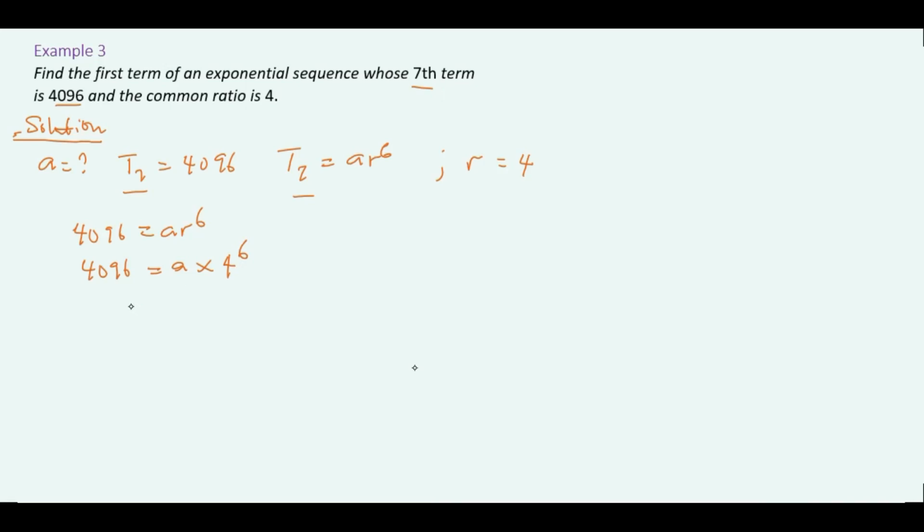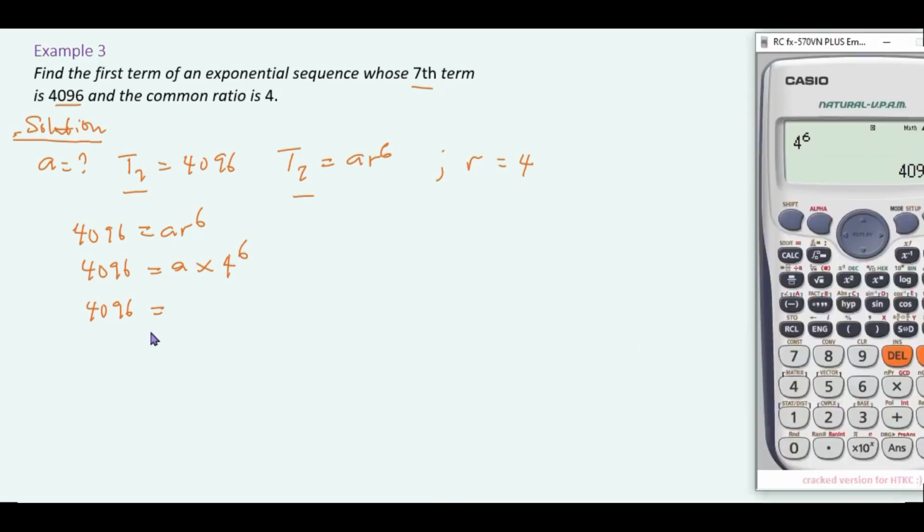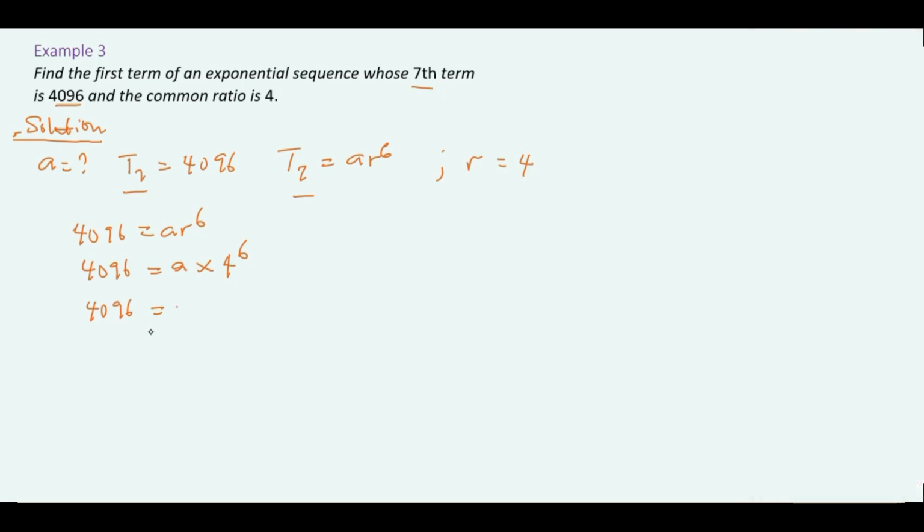Using a calculator, 4 raised to power 6 is 4096. So we divide everything by 4096, and our a is equal to 1.